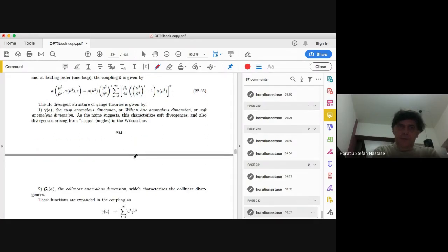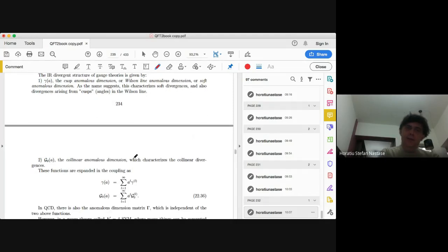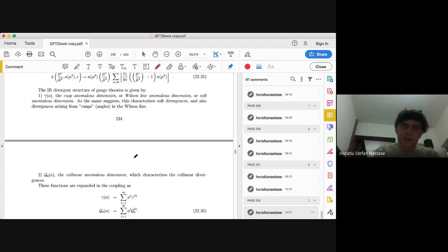Now, the infrared divergence structure is given by two objects: the cusp anomalous dimension, also known as the Wilson line anomalous dimension or soft anomalous dimension.